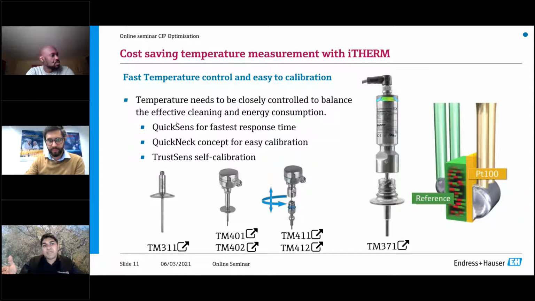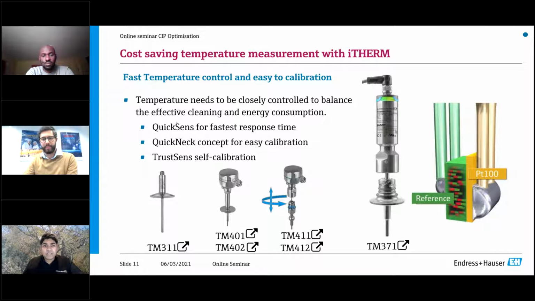With this probe, on the other hand, you only need to calibrate 1 point, and it's able to adjust itself and calibrate itself to that 118 degree point. And this is why it can benefit in terms of reducing your maintenance activity.